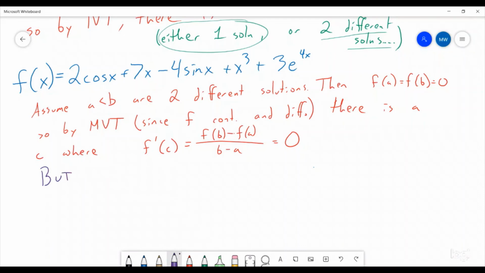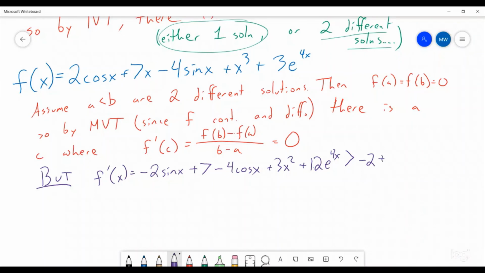But f prime of x equals, the derivative of cosine is negative sine, so that's minus 2 sine x plus 7 minus 4 cosine x plus 3x squared plus 12e to the 4x, which is strictly bigger than negative 2 plus 7 minus 4 plus 0 plus 0, which is bigger than 0.